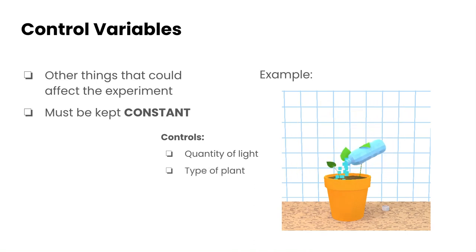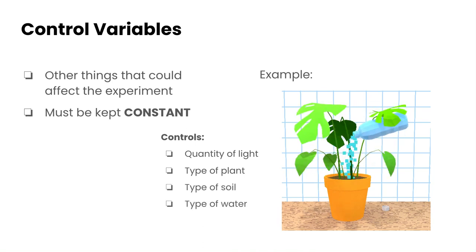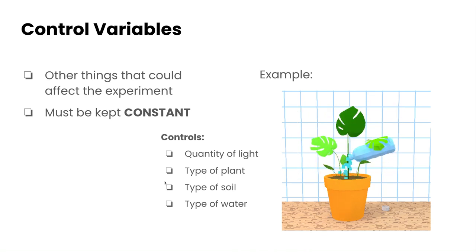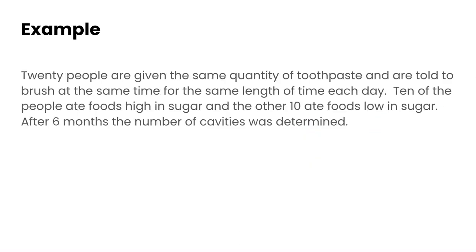The type of plant we use could affect it, the type of soil we use, or the type of water. And so these are all things that we would want to keep constant or the same in our experiment so that we're sure that only the volume of water is the effect that we are measuring. And there are lots more.